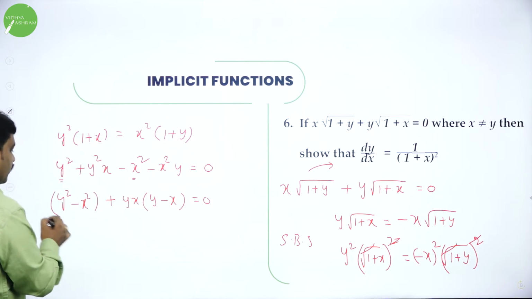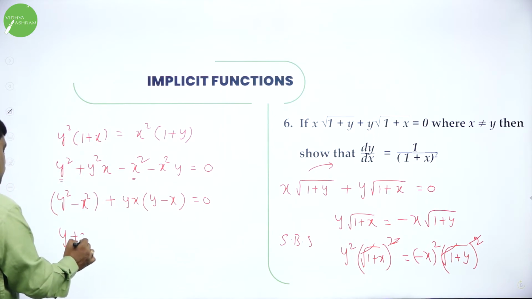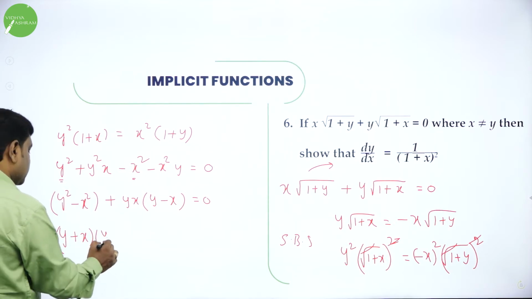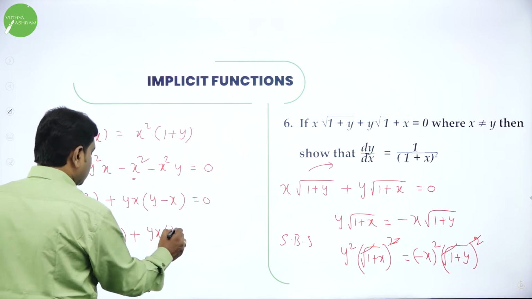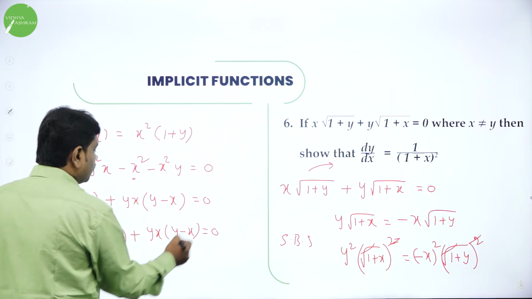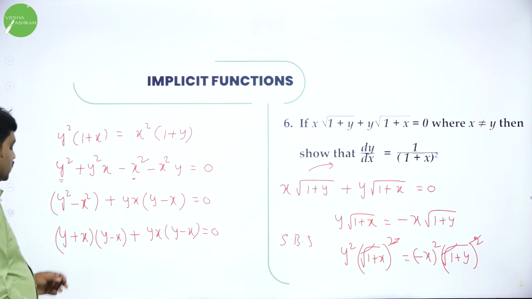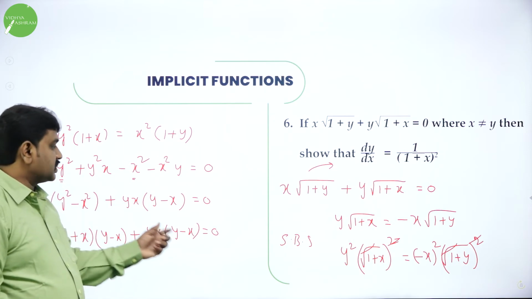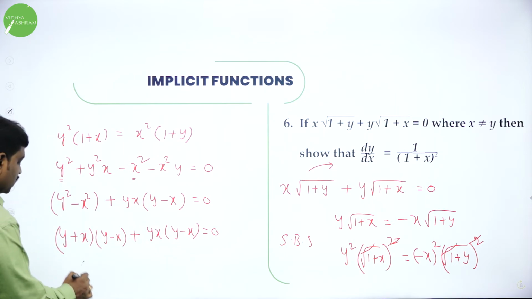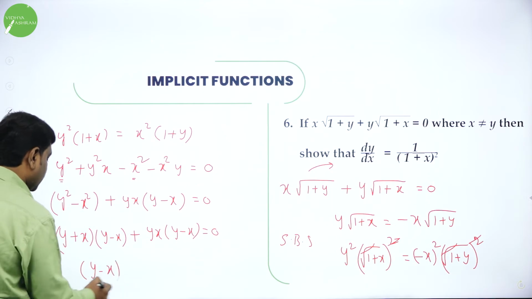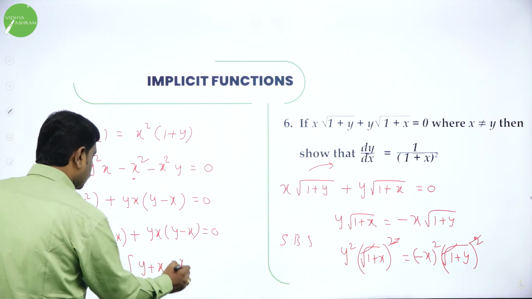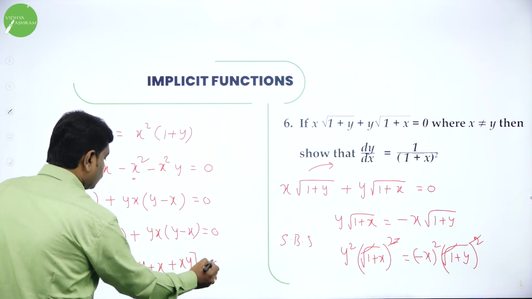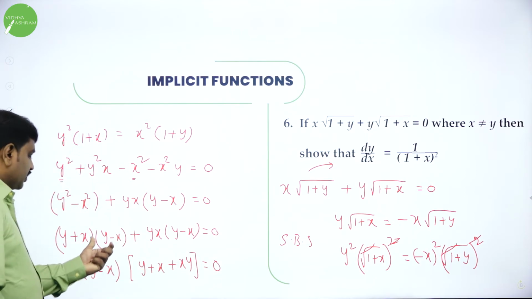And here it is in the form a square minus b square, I can write it as a plus b into a minus b. So please observe, I am simplifying it rapidly. Now I will take y minus x common. If I take y minus x common, I will be left with y plus x plus xy is equal to 0. So I am taking y minus x out.